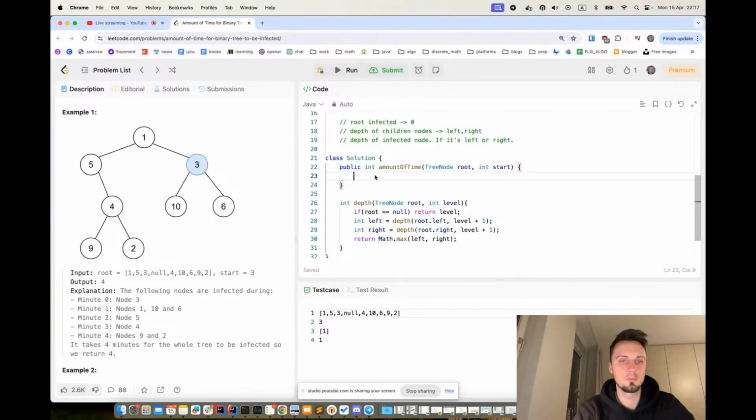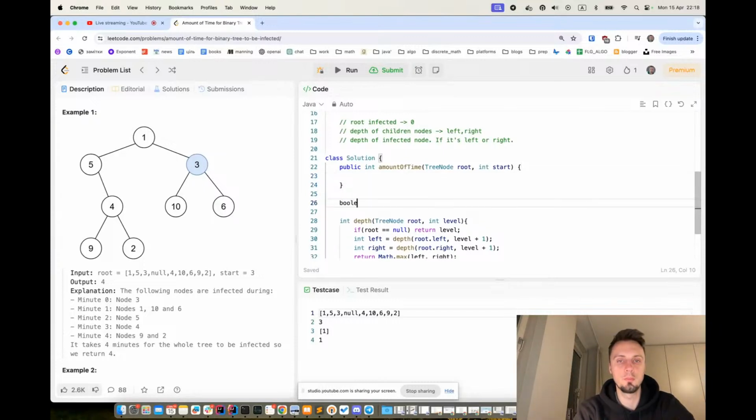Okay, so first we can do something like this. Then we can return a boolean, exist, and here we return not level but start.